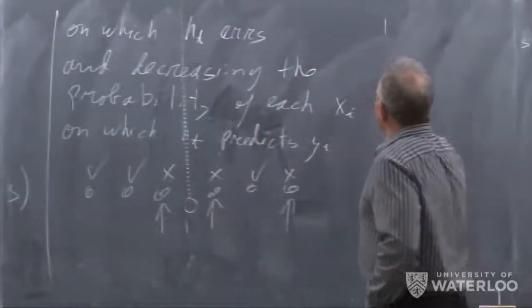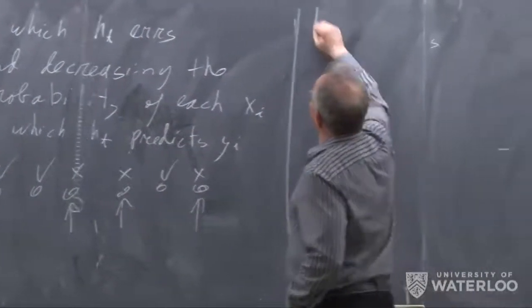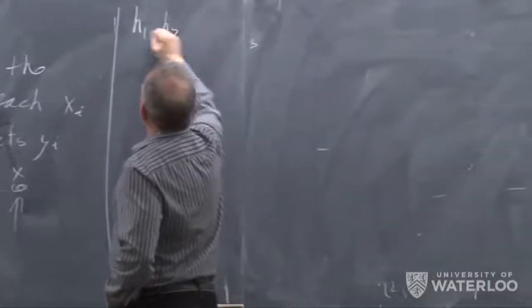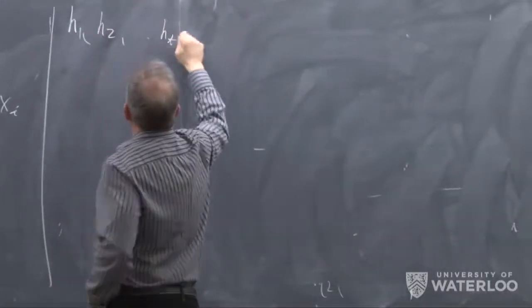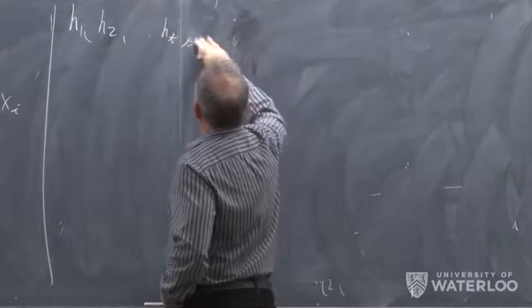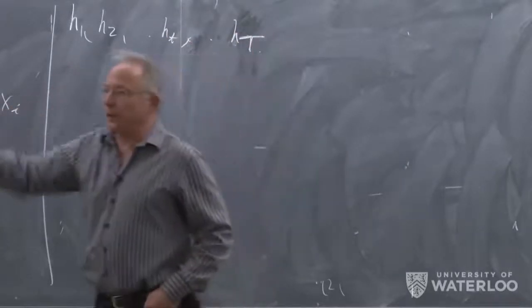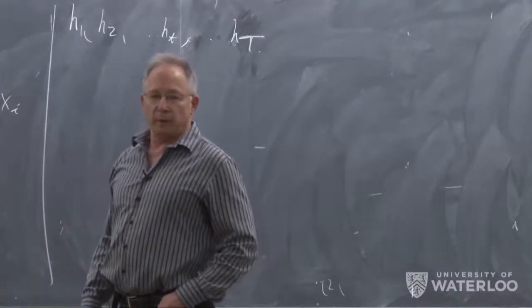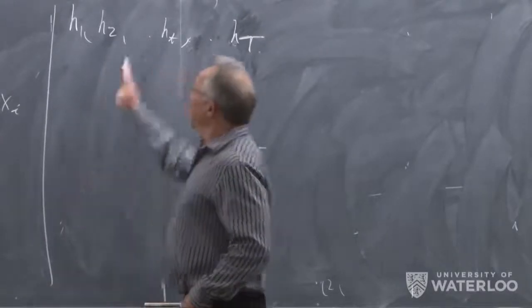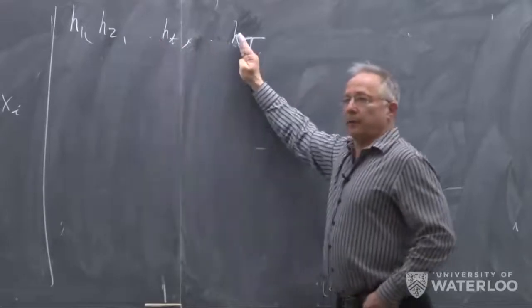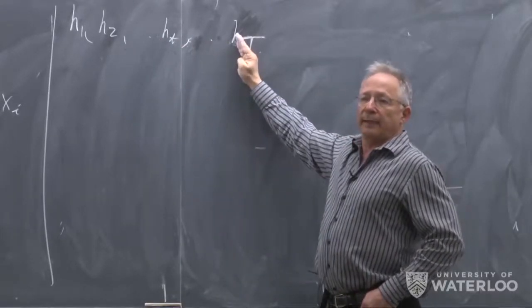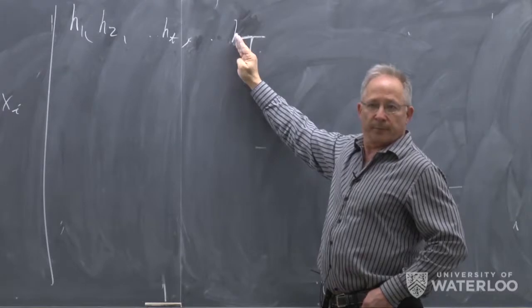And the question is, so we get a sequence of h's: h1, h2, up to h_T. This capital T is the parameter for how many iterations we go. Now we have a collection of hypotheses. The question is, what is going to be the output of my algorithm?